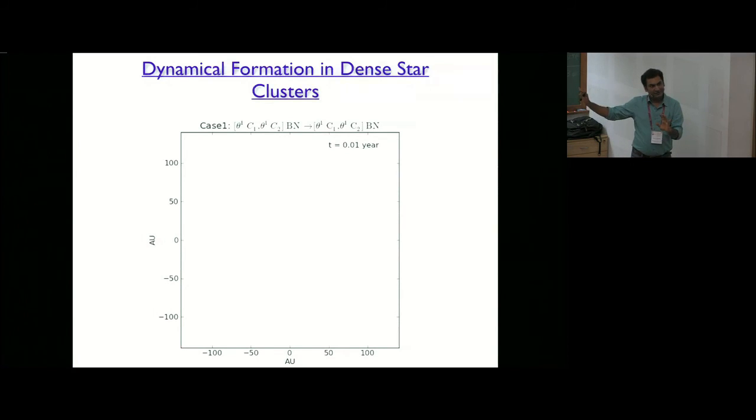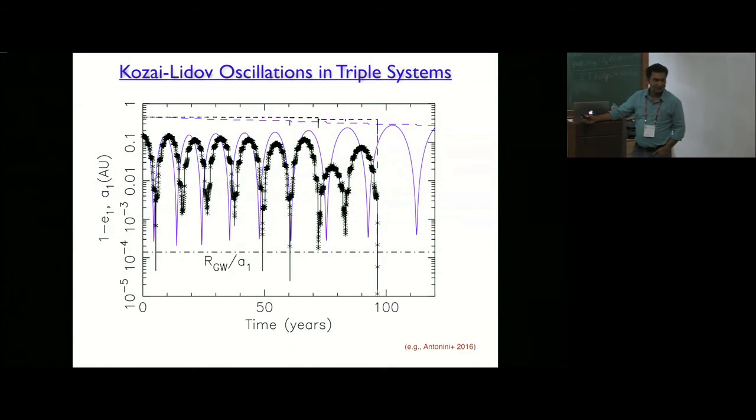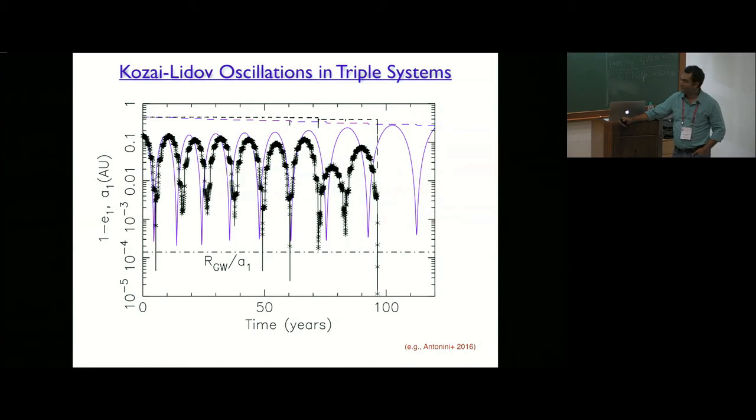All I'm trying to say here is through secular, even with large semi-major axis, in principle you can get very small pericenter approaches. And when that happens, you can start gravitational wave radiation. And then, indeed, if you want to do this problem correctly, then you have to do proper AR chain integration with gravitational wave effects. And actually, I stole this figure from the Antonini et al. 2016 paper.